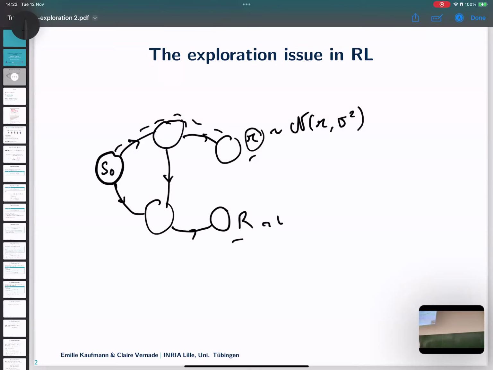And same here. It might be that you're lucky, right? That you start from here and you cross here, you observe a reward that's actually quite large, so I'm going to call it R plus. And then you start from here and somehow with the same policy, you end up going like this, and you have an R which is something like R minus.